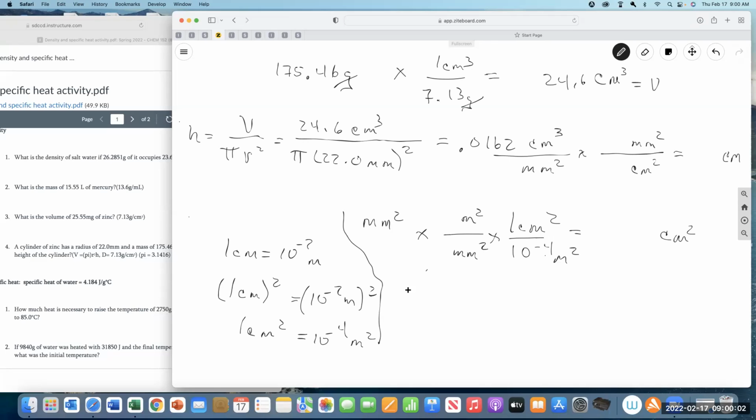So the same idea, 1 millimeter is 10 to the minus 3rd meters. So then 1 millimeter squared is 10 to the minus 3rd meters squared. So 1 millimeter squared is 10 to the minus 6 meters squared.